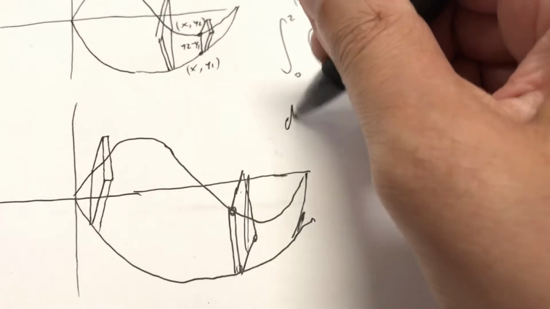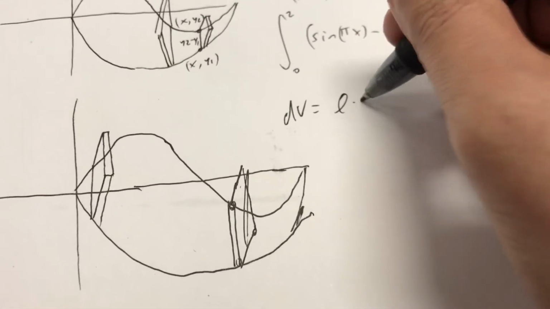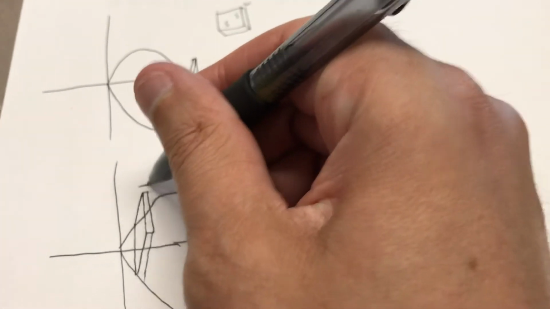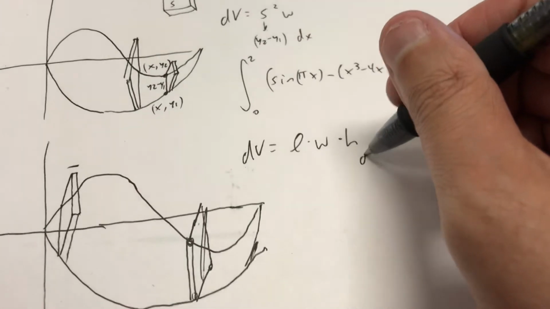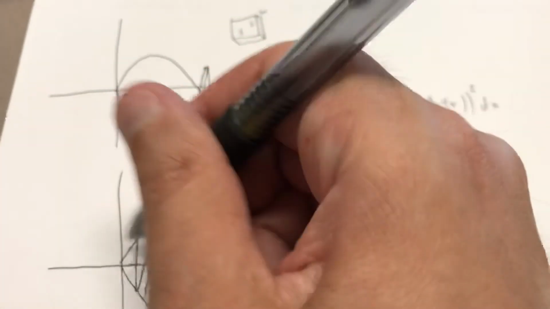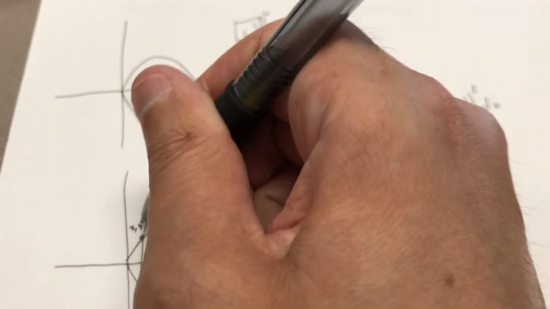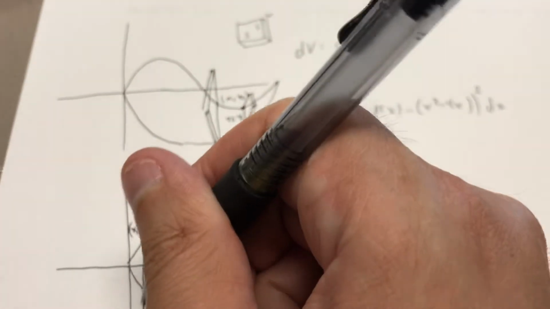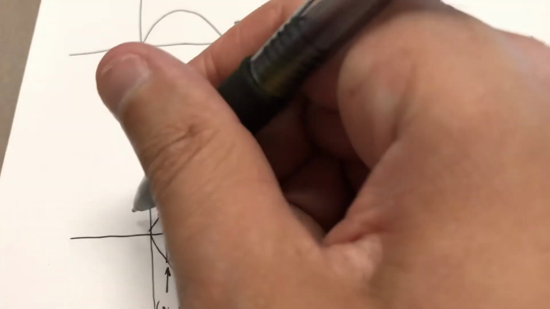So the volume of one of those slices, you could say it's a length times a width times a height. The width of this thing is a little horizontal change. That's just a dx. You've got a point x, y2, you've got a point x, y1. The x coordinates are the same. The length of that is going to be y2 minus y1, upper value minus the lower value.